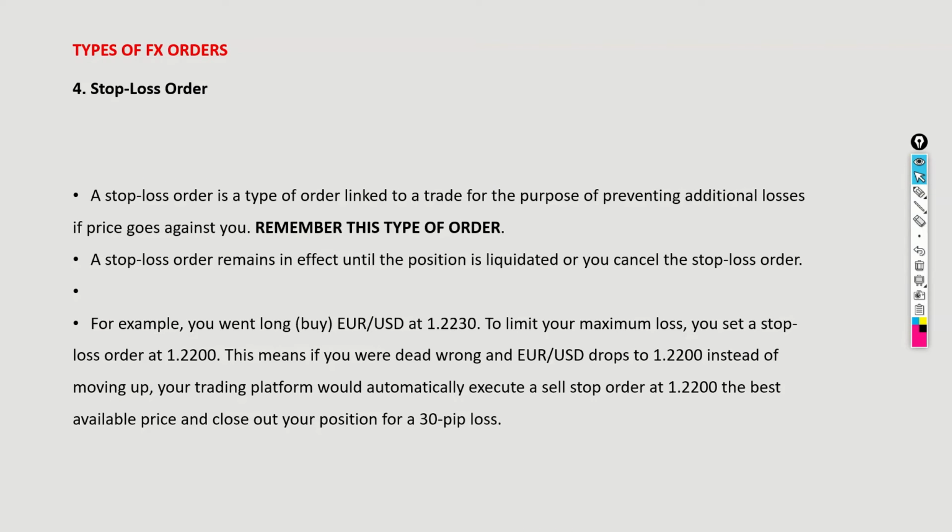So we have what we call a stop loss order. A stop loss order is a type of order linked to a trade for the purpose of preventing additional losses if the price goes against you.